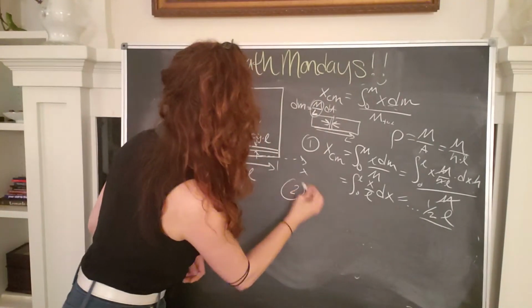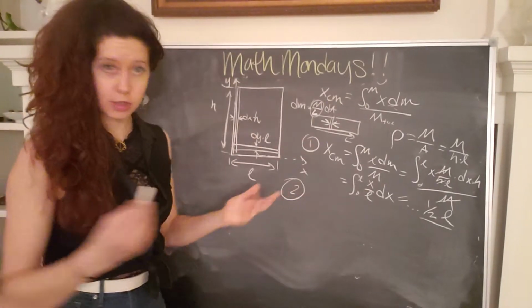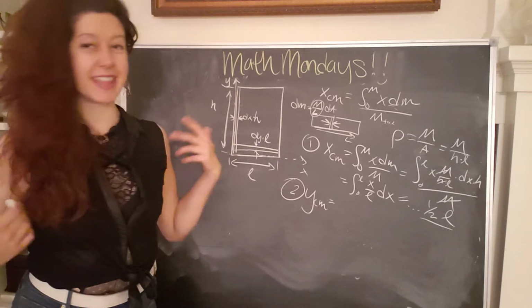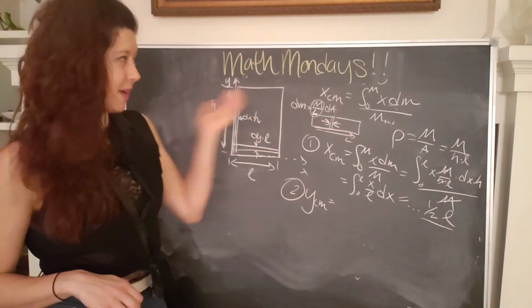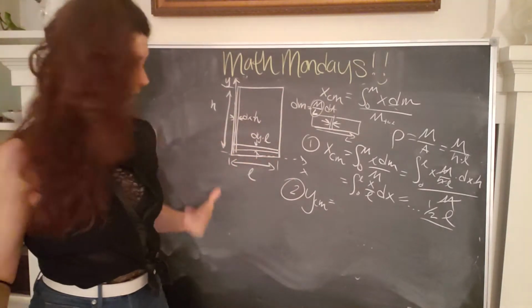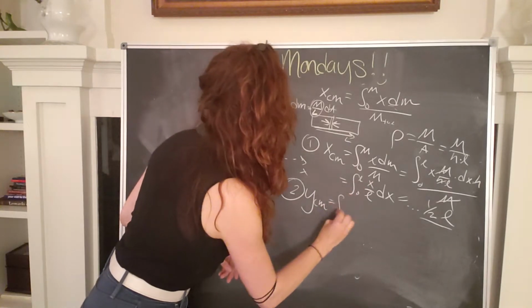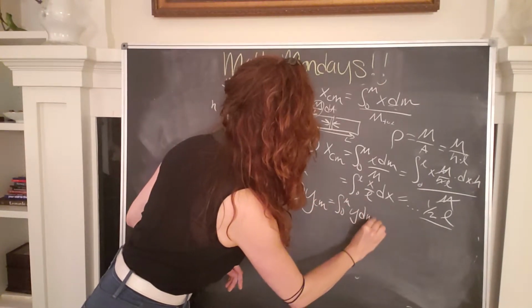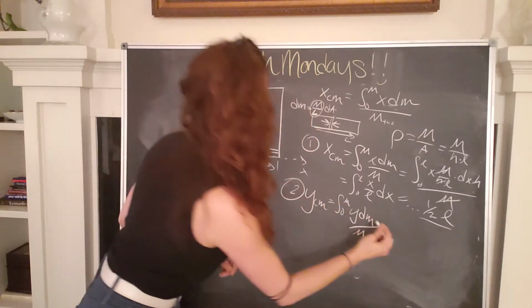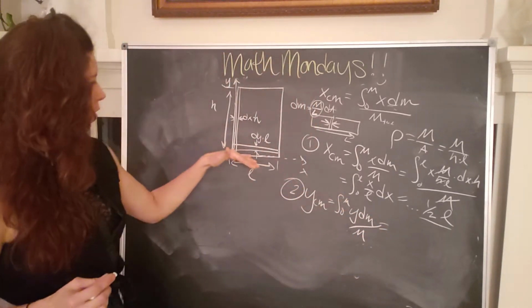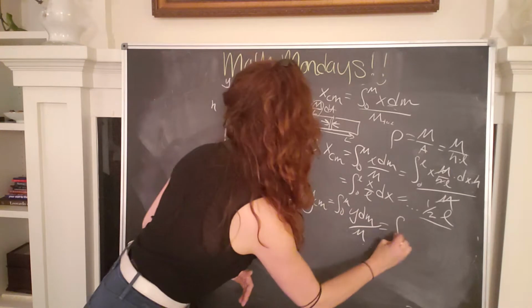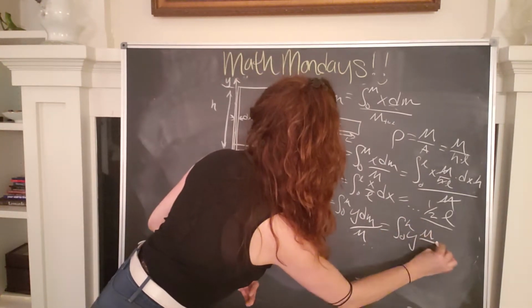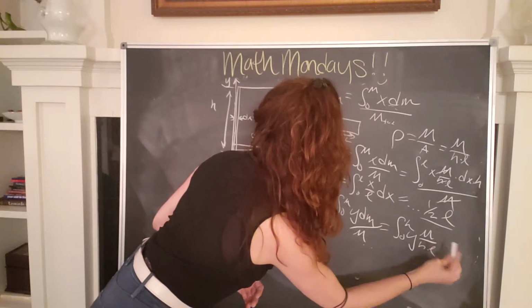So now we just repeat this for the y direction. And what's really nice is that in doing it in this way, we basically get to do the same thing, we just change the appropriate variables. So we'll start from the general equation, 0 to m, y dm over m total. And so in this case, we're going from 0 to h, y times the appropriate density, h times L on the bottom.